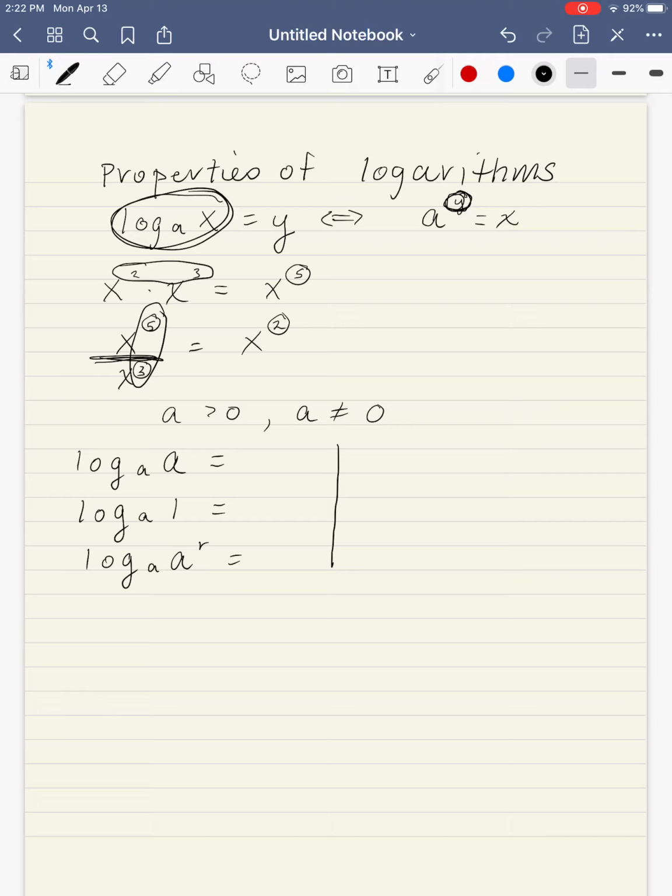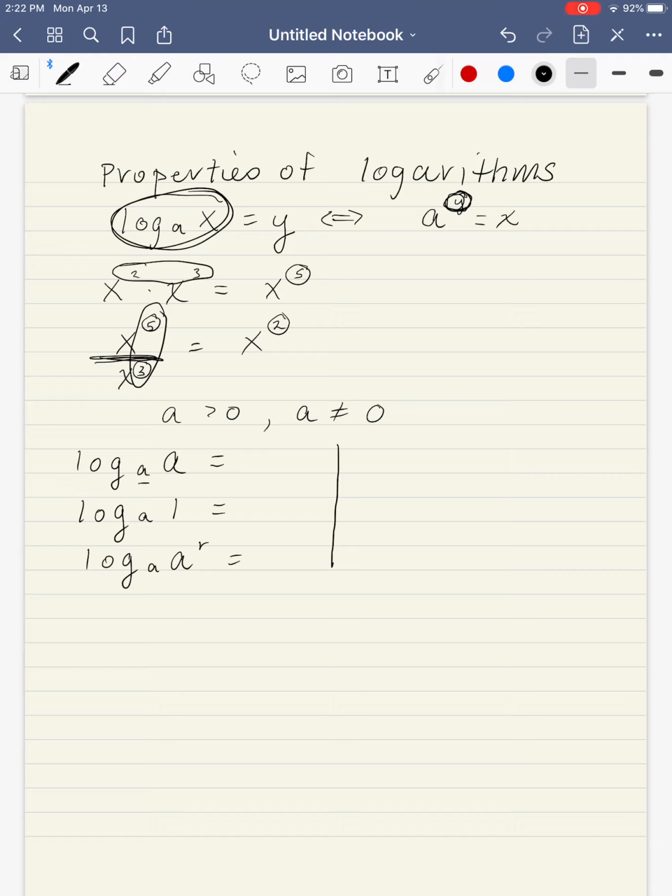What I want you to do is pause the video for a minute, and think of each of these as an exponential statement, and then you'll be able to evaluate what they're equal to.